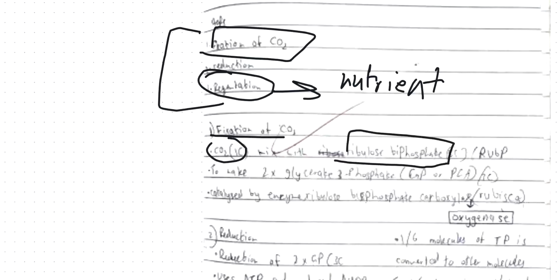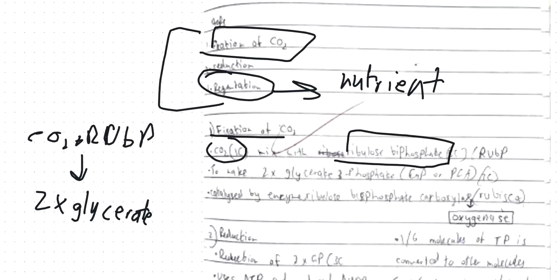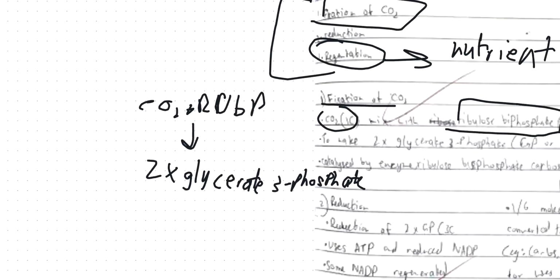And when carbon dioxide mixes with ribulose biphosphate, you get 2 molecules of glycerate 3-phosphate. Remember, two molecules are made in this reaction.